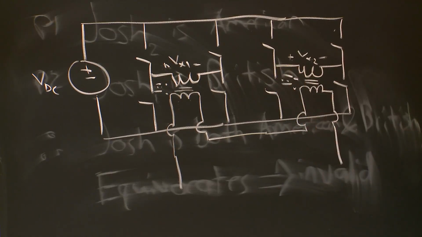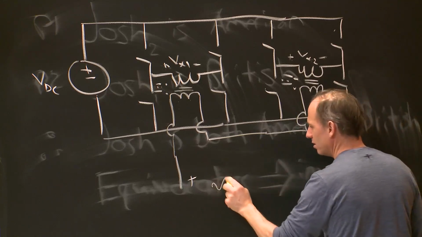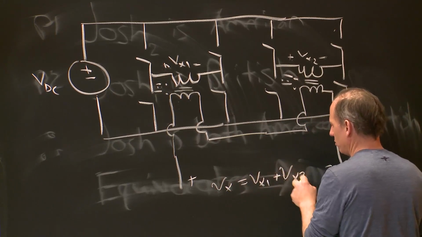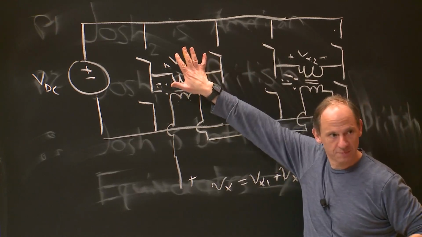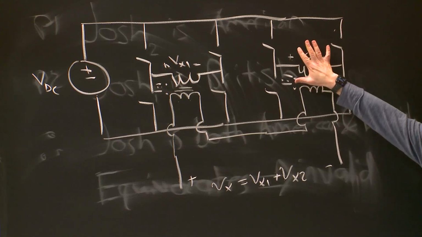That's a 1-to-1 transformer. That means that this total Vx is simply equal to Vx1 plus Vx2. So I've got a first inverter generating a first pattern, and a second inverter generating a second pattern.